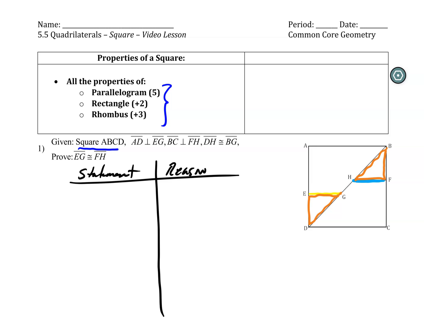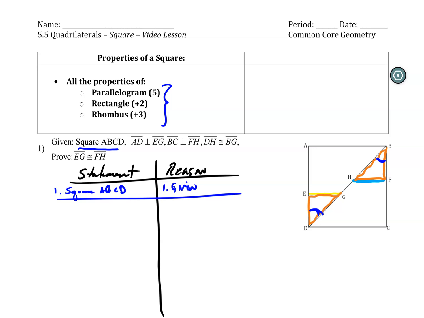I'm going to start with that first given, that we have a square ABCD. And since it's a square, looking at the information I see, I notice I've got an alternate interior angle situation going on with this angle here and this angle here, which are inside my two triangles.